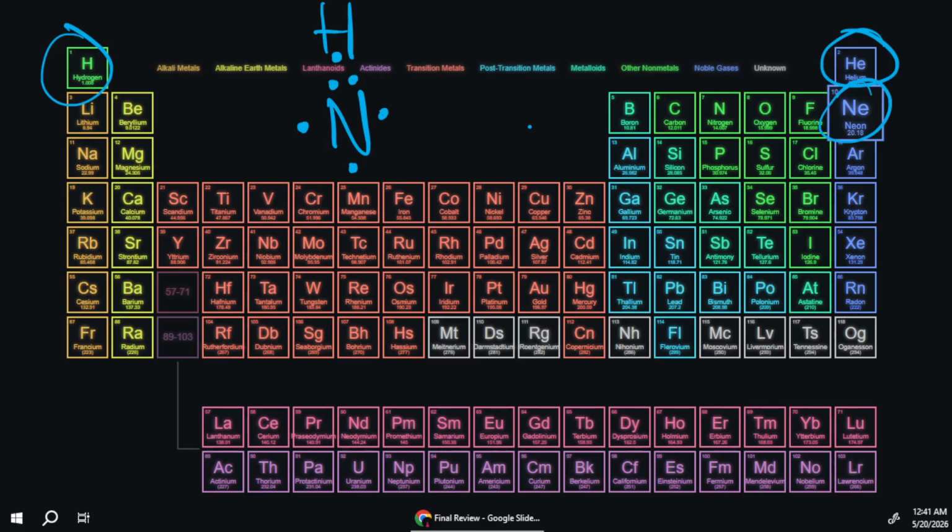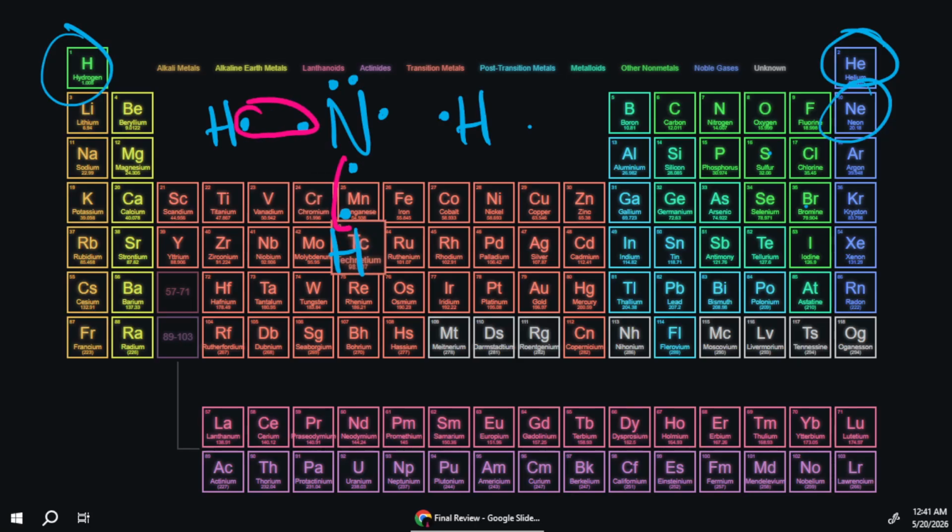So let's bring 3 hydrogens to bond with it. So we have H1, H2, H3, and by sharing those electrons, each hydrogen will have 2 dots, and the nitrogen will have 8 dots. So they're all happy. This is NH3. Okay. Same thing works for carbon and oxygen.